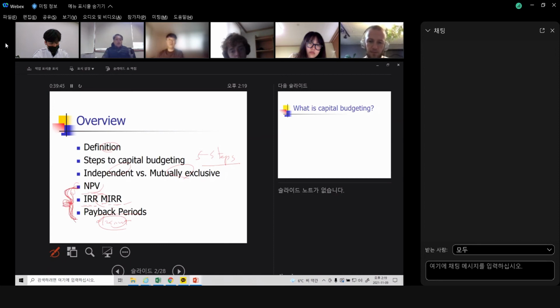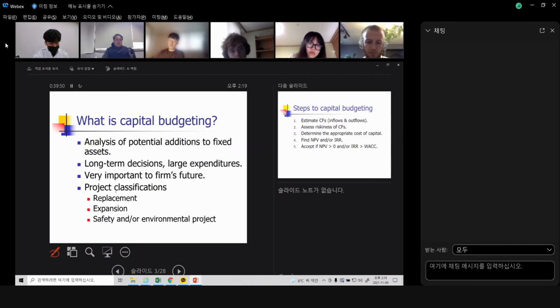So what is capital budgeting? Capital budgeting is the analysis of potential additions to fixed assets. This is generally associated with a long-term decision, at least 10 years. Large expenditures, a huge amount of cost, capex, capital expenditure.